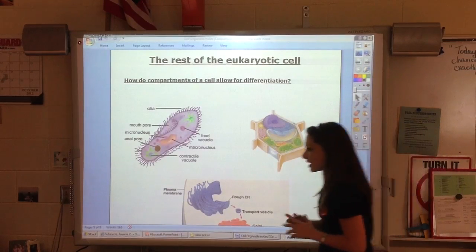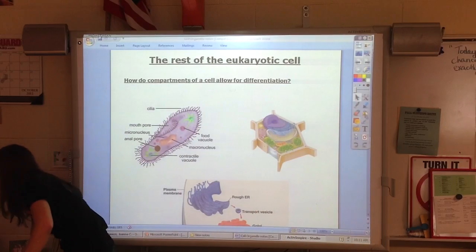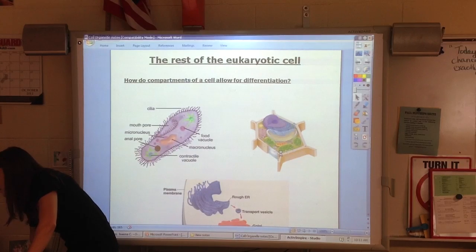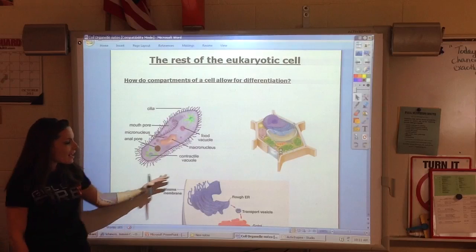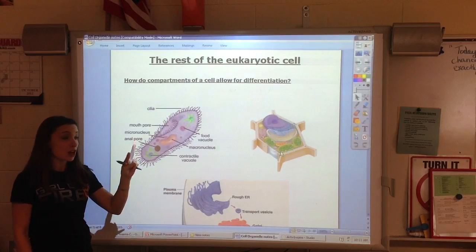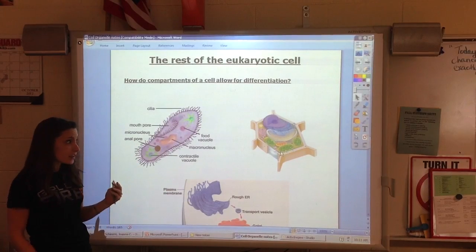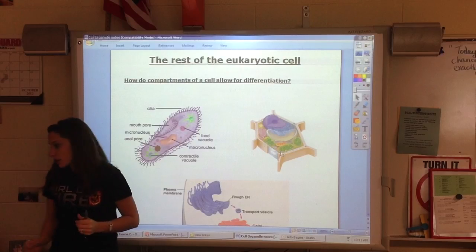When we scroll down on the page, what we're going to see is that we have some different types of organelles that are going to help perform these two jobs of breaking down things in a contained area.